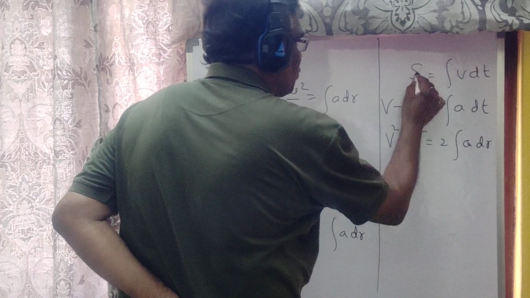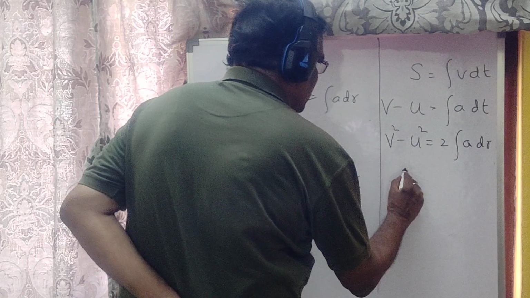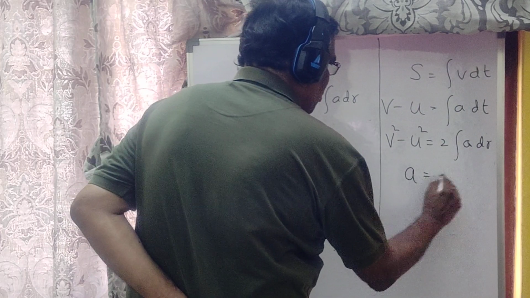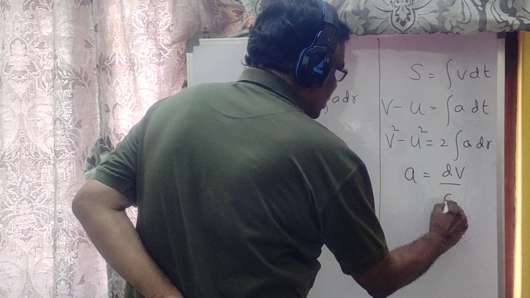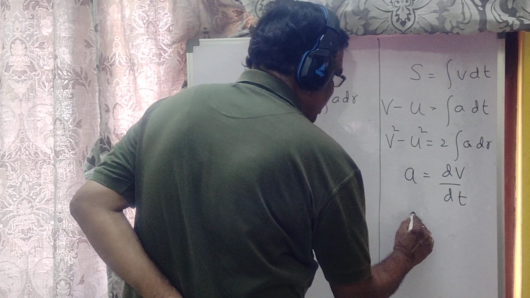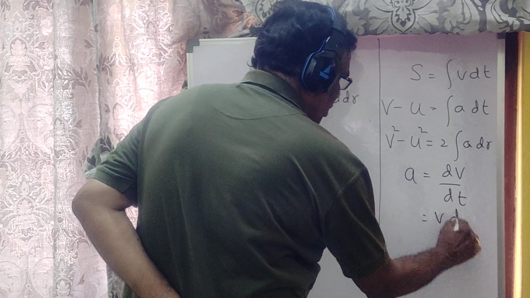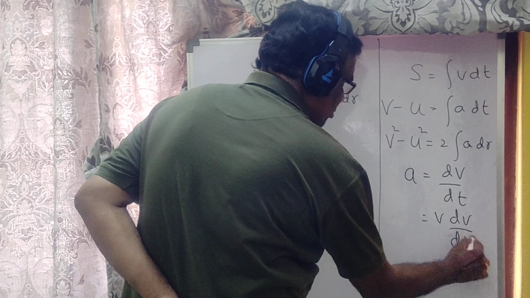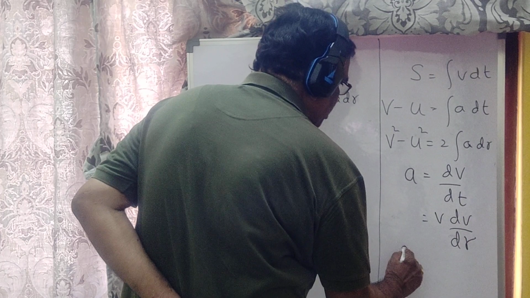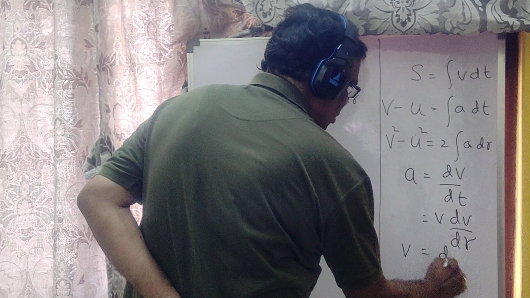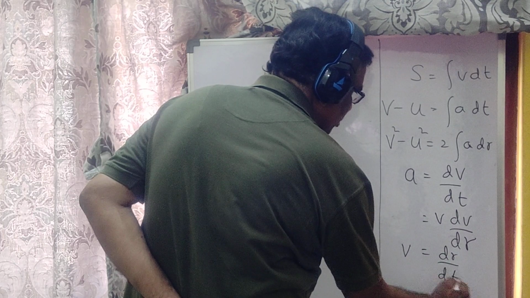First of all, these three equations, and then as I told you, never forget this a is equal to dv by dt, a is equal to v dv by dr, and v is equal to dr by dt.